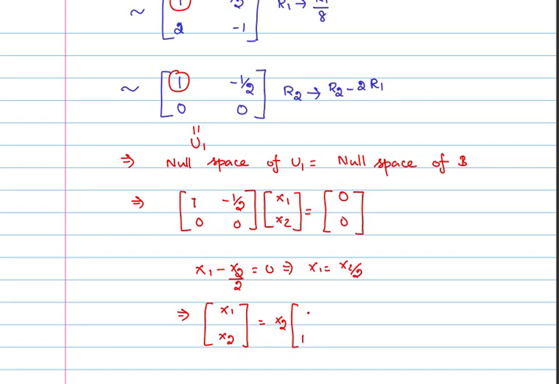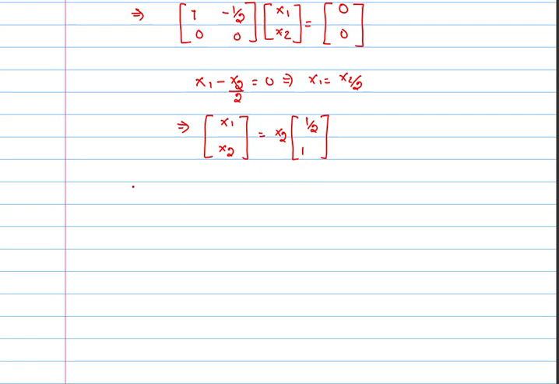So the vector is x2 times [1/2, 1]. So [1/2, 1] is the eigenvector for lambda equal to -5.